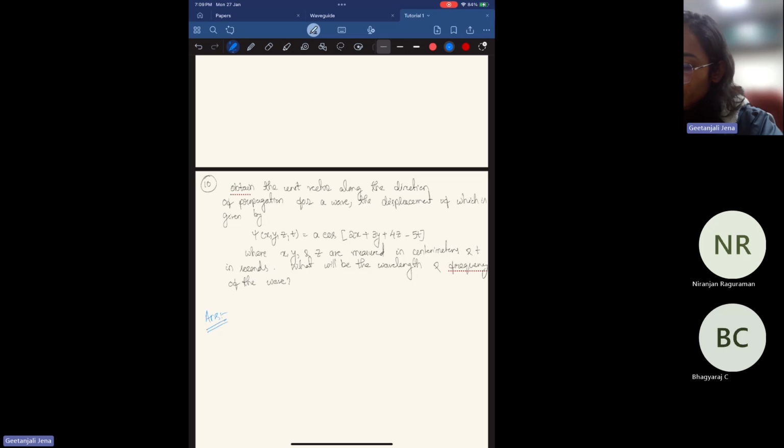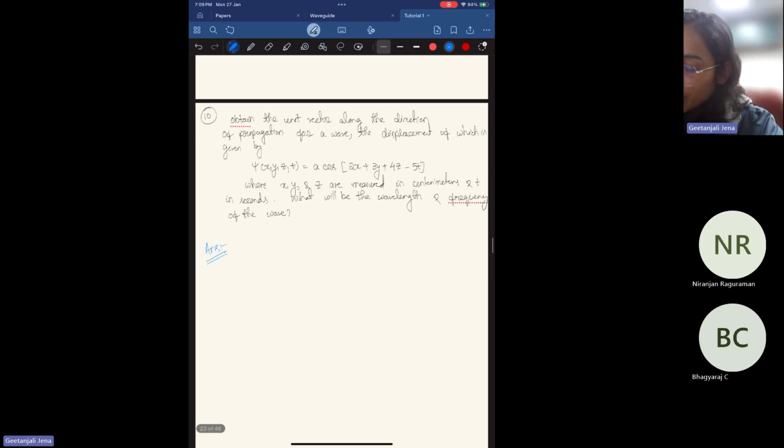There is no y here. The displacement is given by psi of x, y, z, and t equals A cos(2x + 3y + 4z - 5t), where x, y, and z are measured in centimeters and t in seconds. Then what will be the wavelength and frequency of the wave?